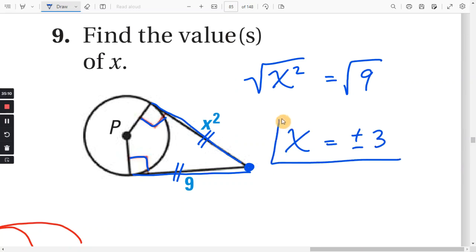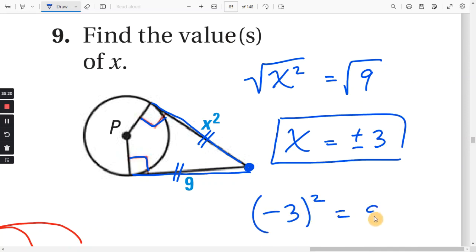The reason is because if you plug in -3 and you square it, -3 times -3 equals 9. So it's both positive and -3. I understand a side length cannot be negative, but the side length is not x. The side length is x squared. So once you square it, it becomes positive. So both of these answers work.